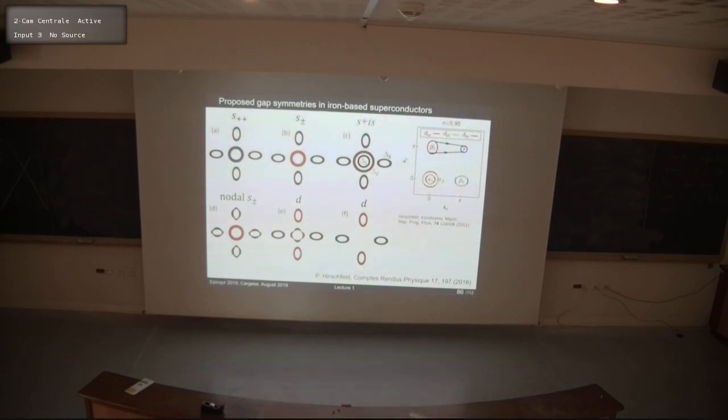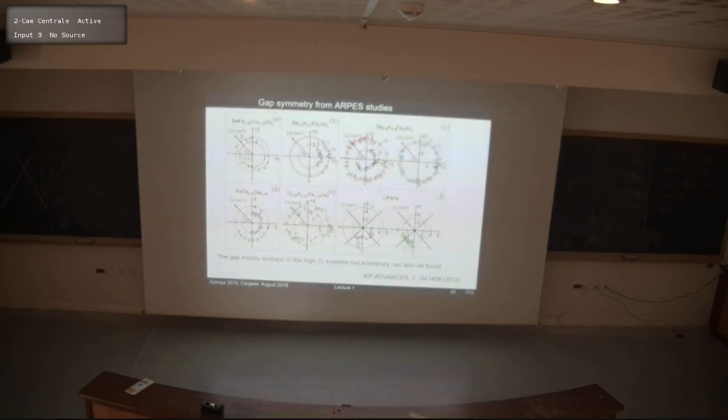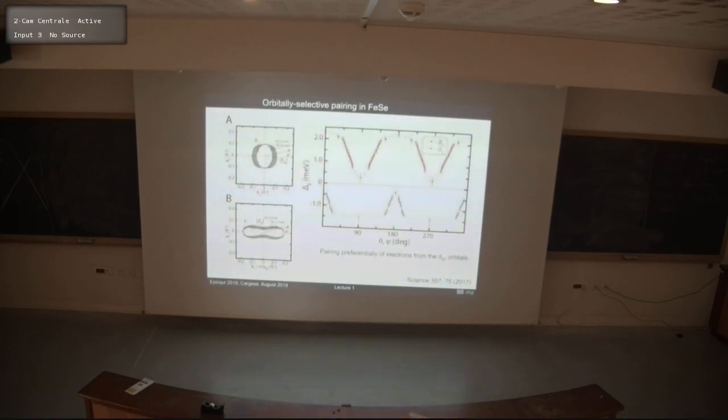And there are lots of proposals for what it could be, including d-wave when you don't have hole bands. And these are what experiments show, that often you have a multi-band system with different gaps for different bands, and also you can have anisotropy. In the case of iron selenium, very anisotropic behavior has been found, and it has been suggested again to be due to orbitally selective pairing.